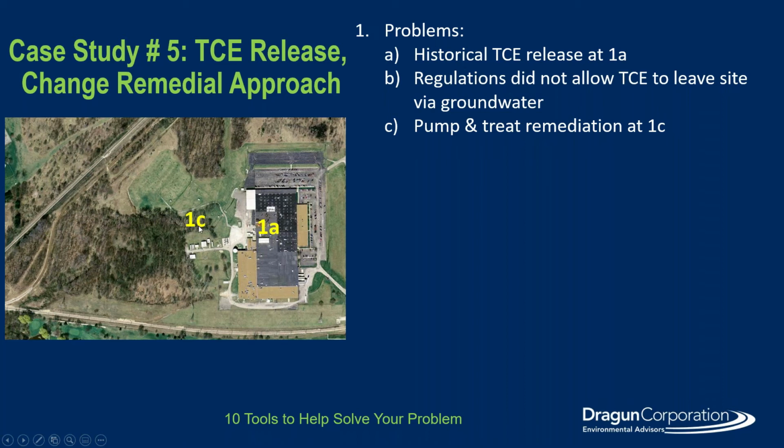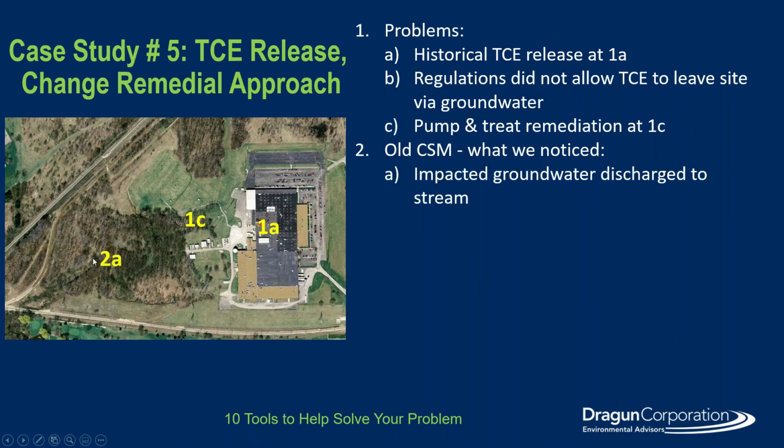So our client had established a pump and treat system, and you can maybe see these little white houses, which were the pump houses. So this was going to go on forever.